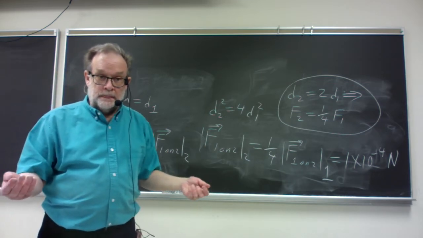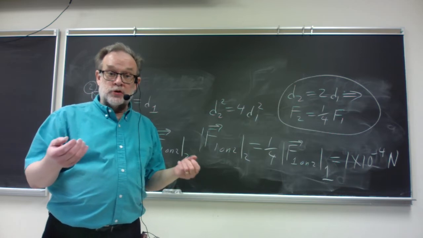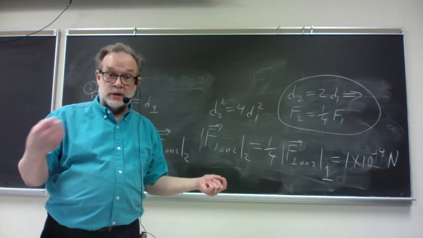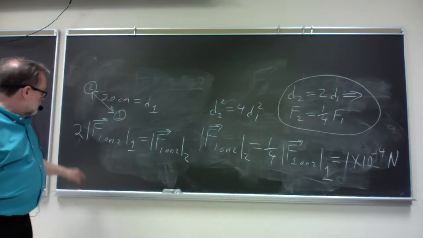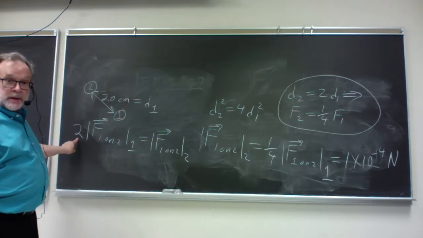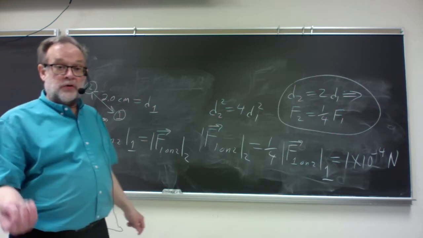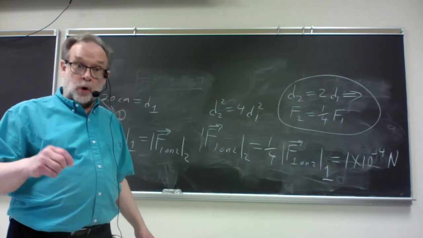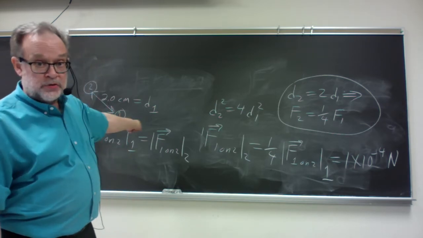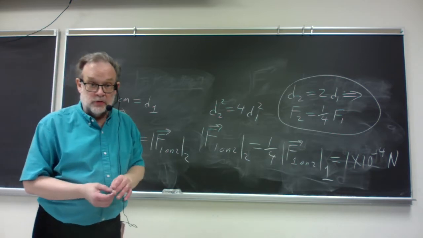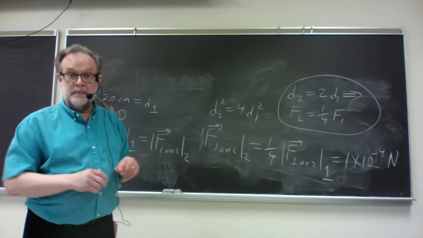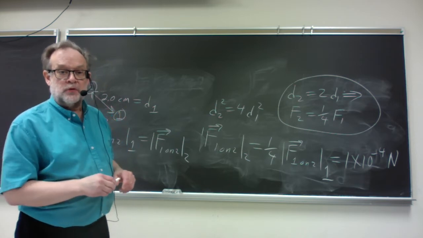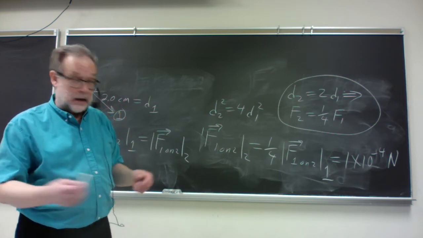Use the same rule. Our inversely proportional variables are force and square of the distance. So if one variable changes by a factor of 2, the other variable must change by a factor of 1/2. In this case, force changed by a factor of 2. So the other variable, which is d squared, changes by the inverse, by a factor of 1/2.